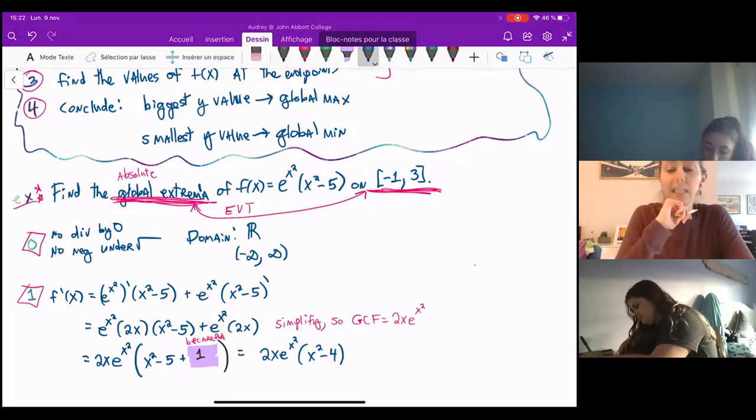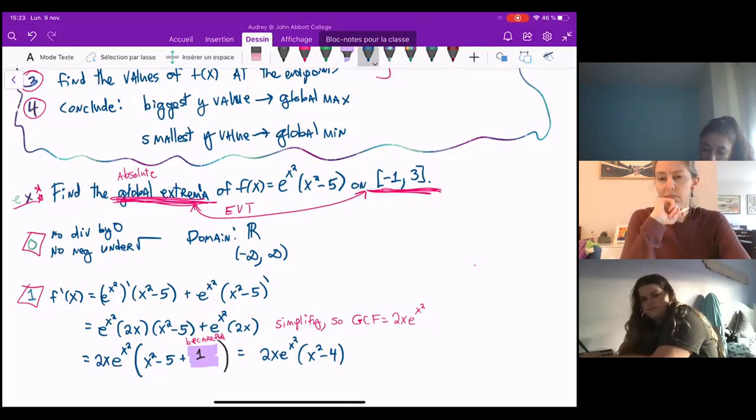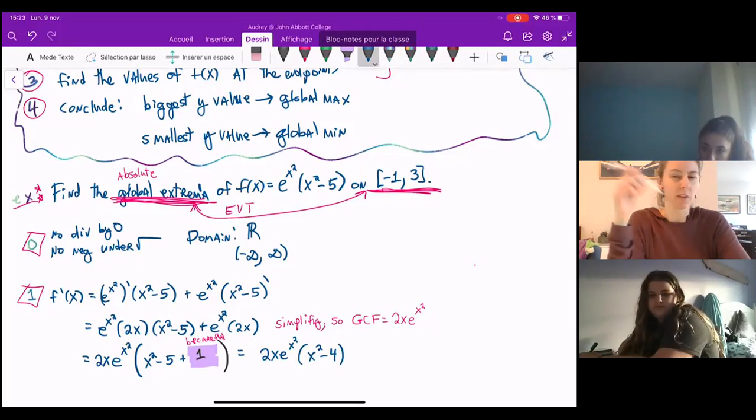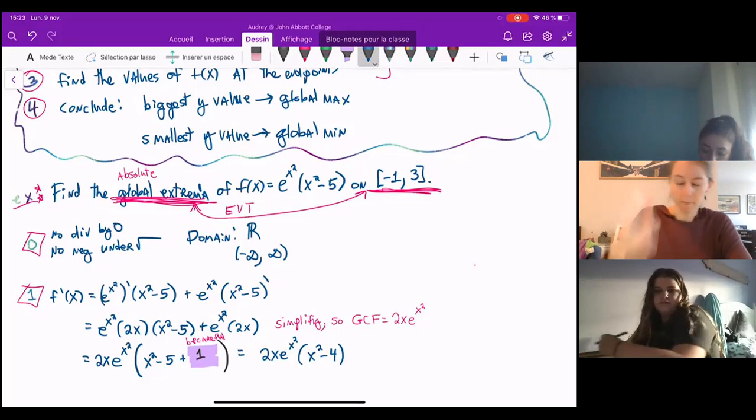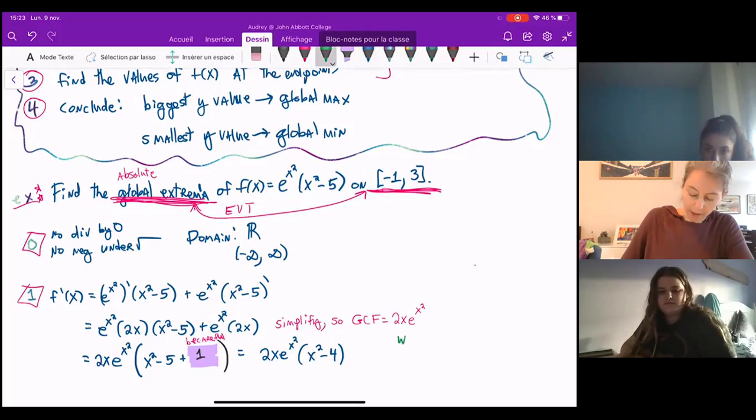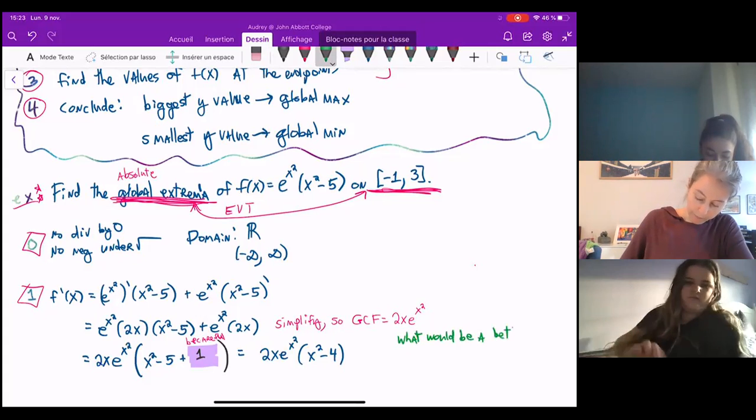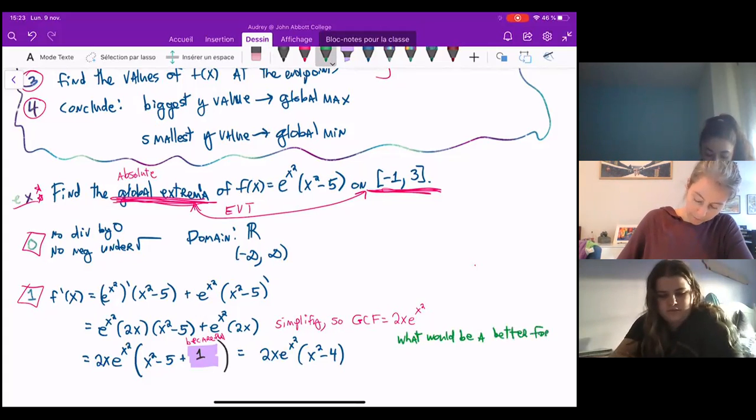Is it a great simplified derivative for finding a second derivative? If my goal were to find a second derivative, is this the best form? What would be the best form? Or rather, what would be a better form for finding the second derivative?